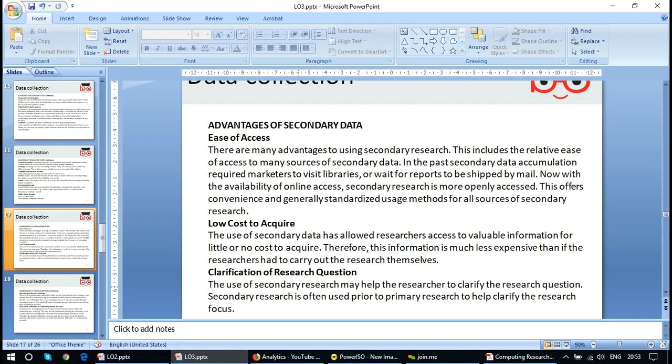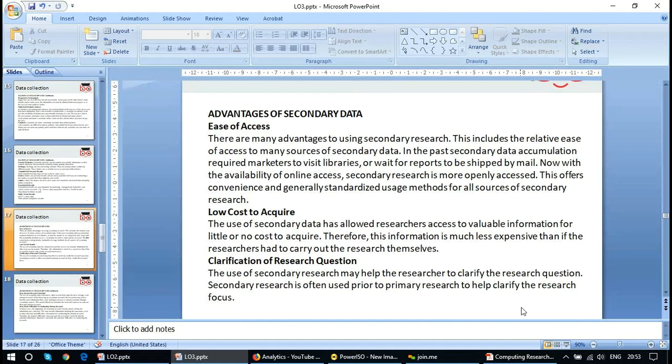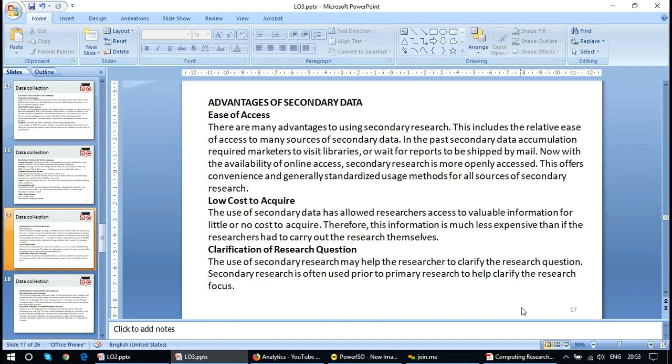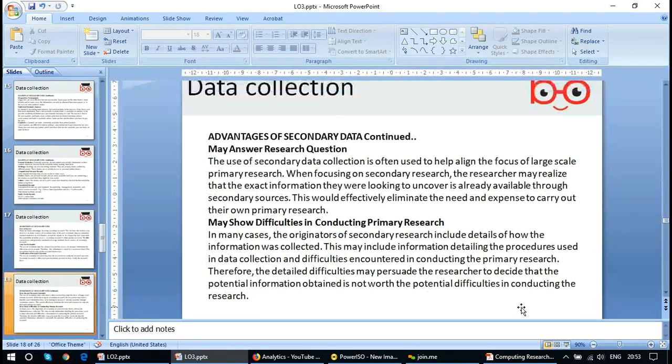Clarification of the research question becomes advantageous. The use of secondary research may help the researcher to clarify the research question. Secondary research is often used prior to primary research to help clarify the research focus. So obviously, you can have a look at how people have done their research, how they have tried to frame the research questions.